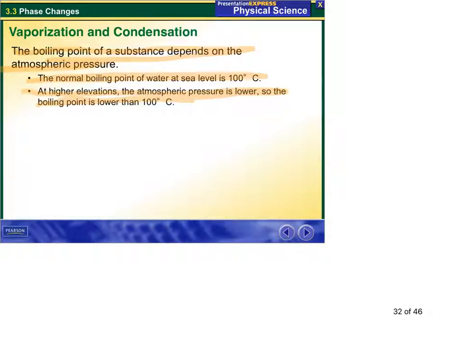If you Google boiling point at the top of Mount Everest, you're going to find it's a lot lower, because the atmospheric pressure is much lower. So you can Google the boiling point of water in various places, like the top of Mount Everest, Denver, Colorado, and other cities with high elevations, and you'll find a lot of different boiling points for water.